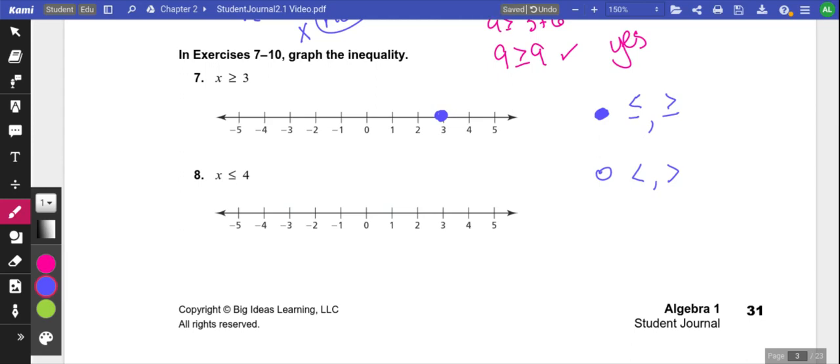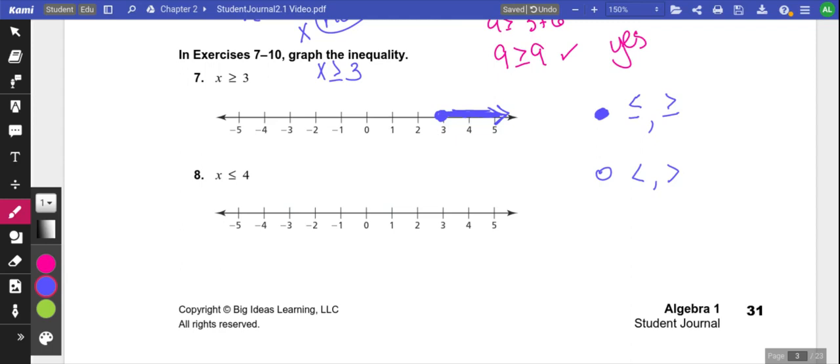The trick is that when you have the variable and then a number, the little arrow will point the way you need to draw your line. The actual math way to think of it is, x is greater than 3, so the values are more than 3. 4 and 5 are more than 3. That's the way your line should go.